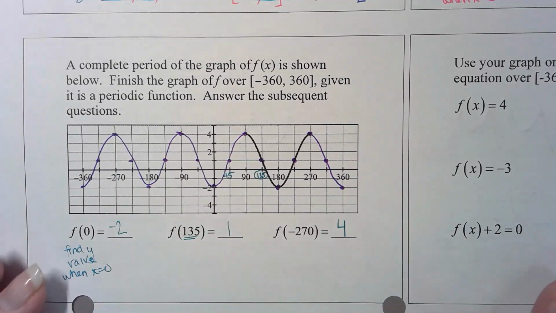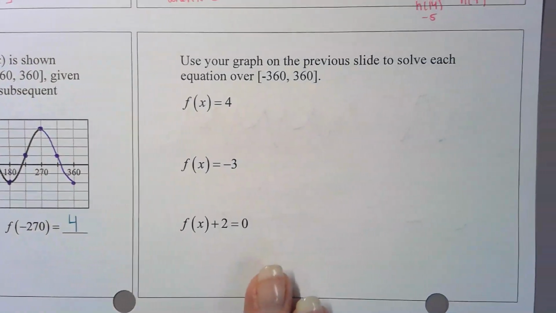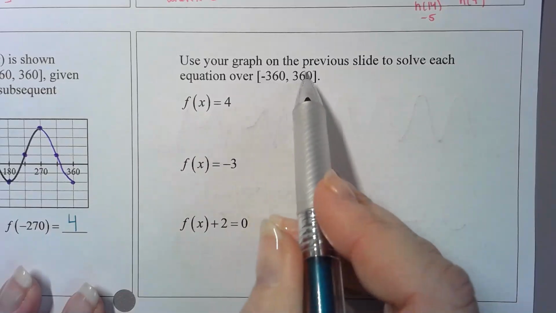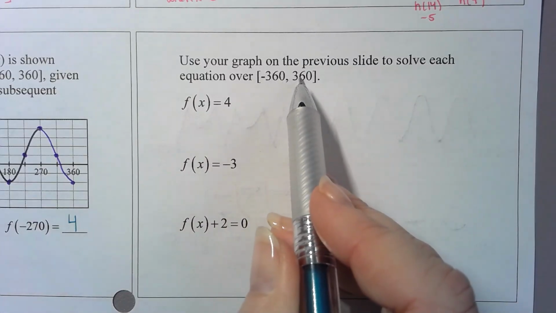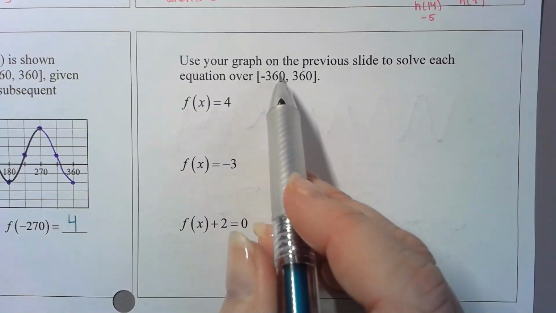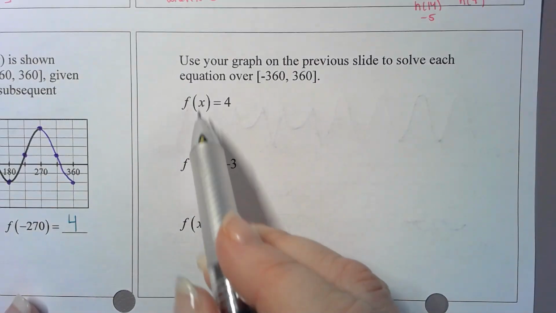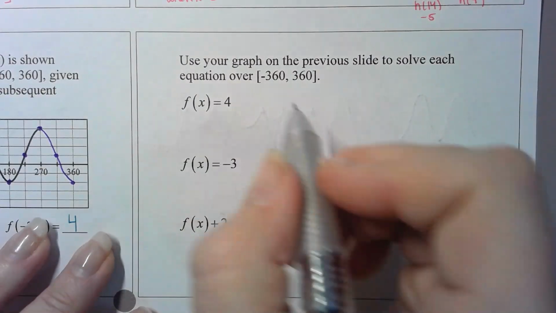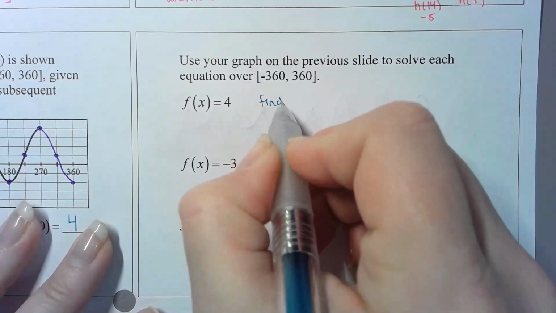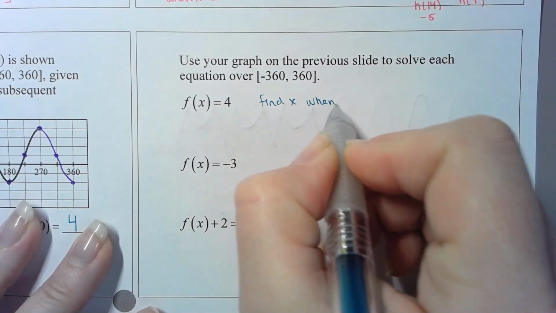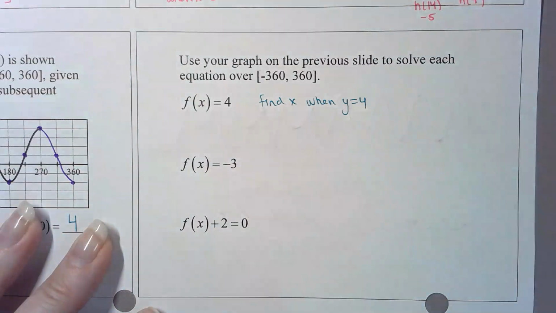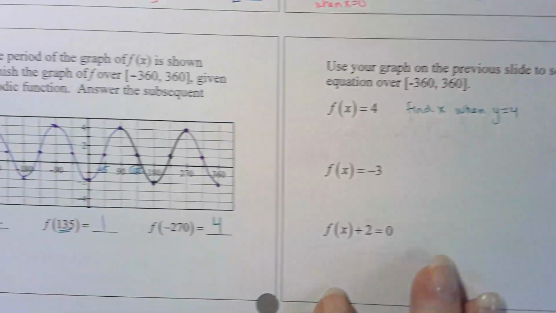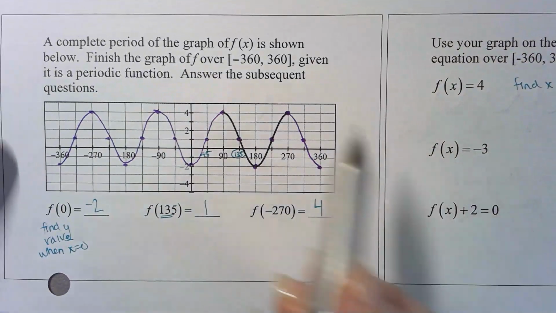Okay, let's answer these last few questions. It says, use your graph on the previous slide to solve each equation over that interval negative 360 to 360. So they're saying only look in this window, but let's solve these 3 equations. So remember, f of x means y. They're saying find x when y equals 4. Well, I think that's going to happen a lot, right? Here's 4.